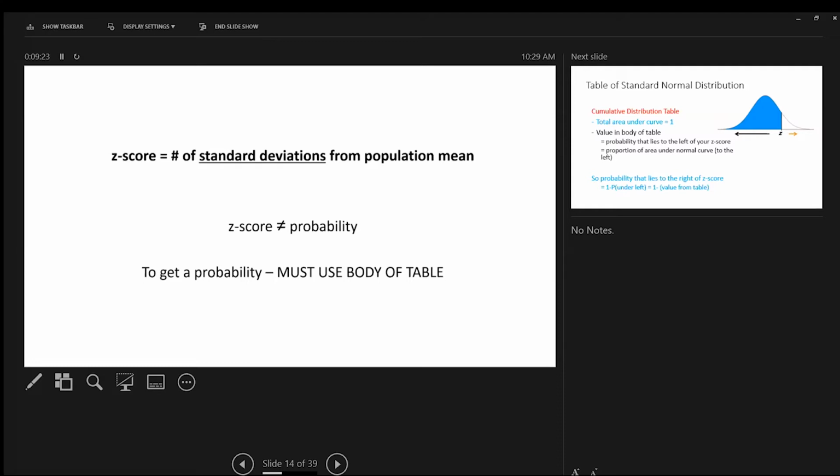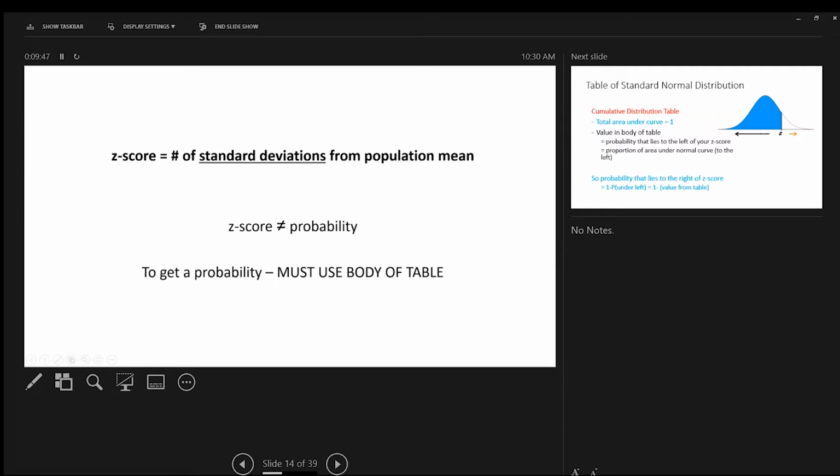So if I have a z-score of 3 for a value, so let's say, actually we'll just get into that when we do the worked example. It'll be easier to understand. But a z-score is not the same thing as probability. It's the number of standard deviations from the population mean.